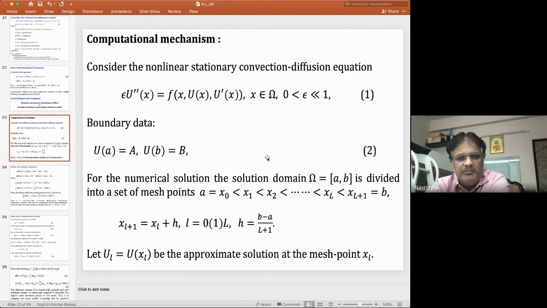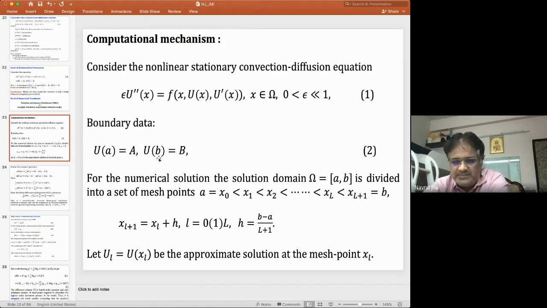Next, the computational mechanism for the nonlinear stationary convection diffusion equation. I have taken here a general formulation of a nonlinear second order boundary value equation. So it is epsilon u double prime equal to a function of x, u and u prime.